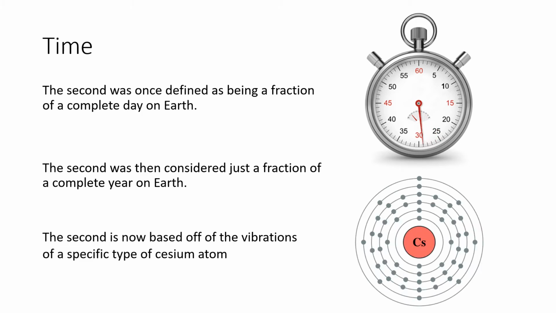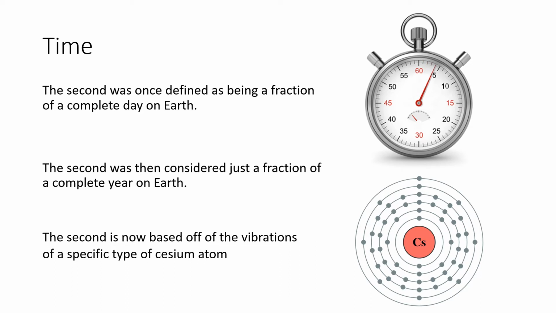So you can see, now that we're at a level of high technology measurement, we can base specific things off of atoms. So here's a cesium atom that vibrates at a specific frequency, always. Very, very low amount of error when measuring this. So this thing, as we know it currently, will always be oscillating at a certain amount.